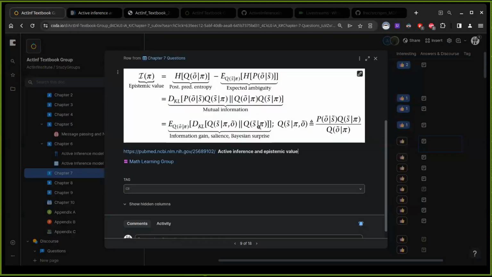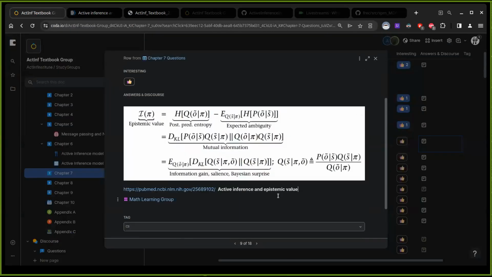A lot of what we know of pragmatic value, unlike reward maximization, is that in active inference the concept of pragmatic value is the alignment between preferences and observations.